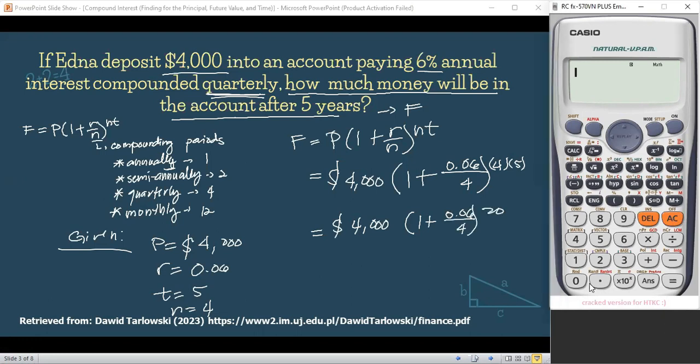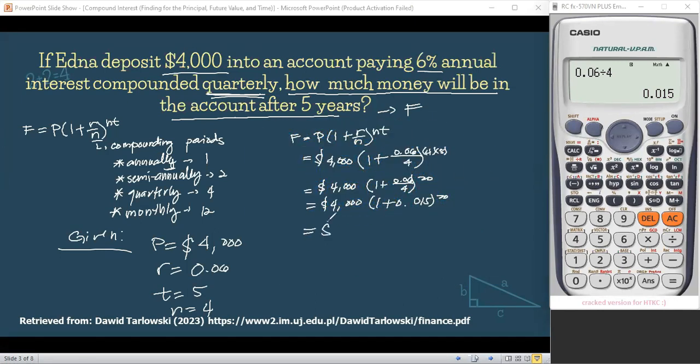Now using our calculators, 0.06 divided by 4 is 0.015. So we have $4,000 times (1 plus 0.015) raised to 20.